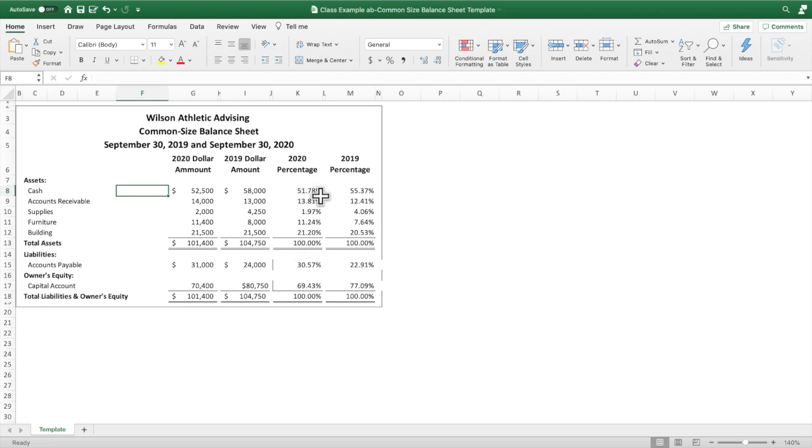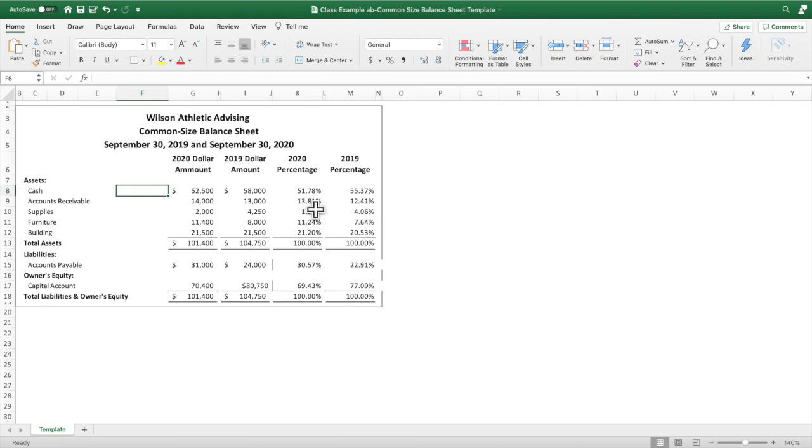So we see that in 2020 our cash was 51.78% of our total assets, whereas in 2019 our cash was 55%. So our cash account decreased, right? In 2020 accounts receivable accounted for 13% of our total assets, and in 2019 it accounted for 12%.